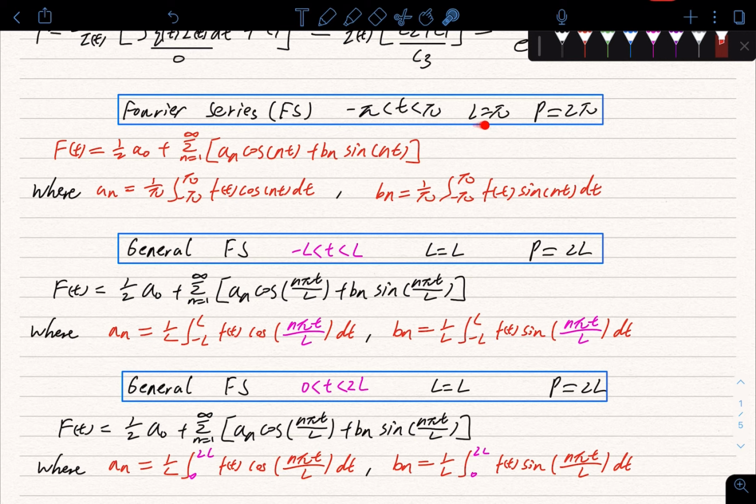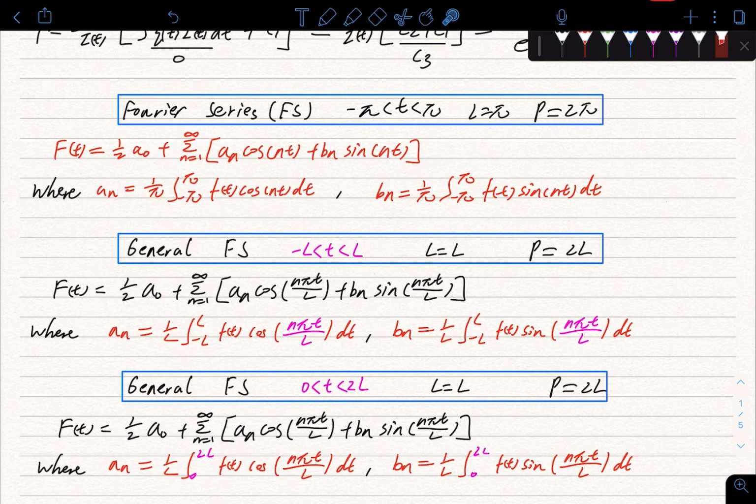So L is always half of P. The Fourier series is 1/2 a0 plus an infinite series of an times cosine nt, and then bn times sine nt, where an equals 1 over pi, integral from negative pi to pi, so that's the interval of t, of f(t) cosine nt dt, and then bn is 1 over pi. This is the same thing as the an with a modification from cosine to sine.